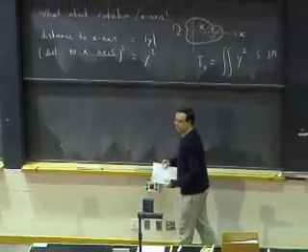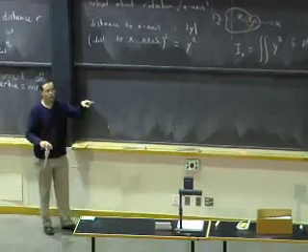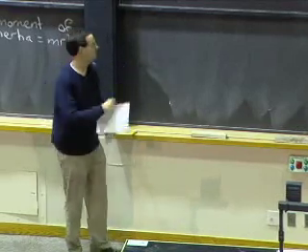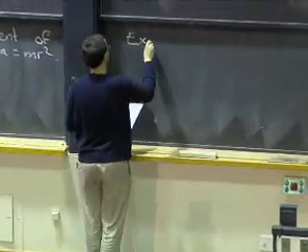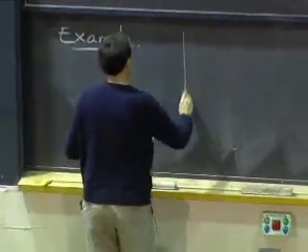Okay, so let's do an example. Let's try to figure out if we have just a uniform disk, how hard it is to spin it around its center. Okay, so that shouldn't be very hard to figure out.